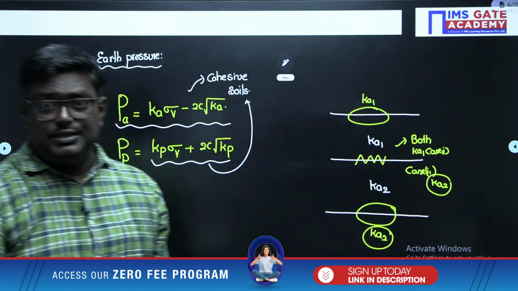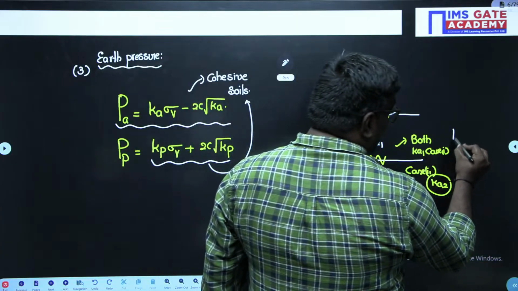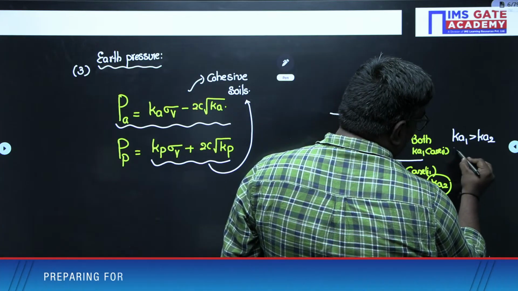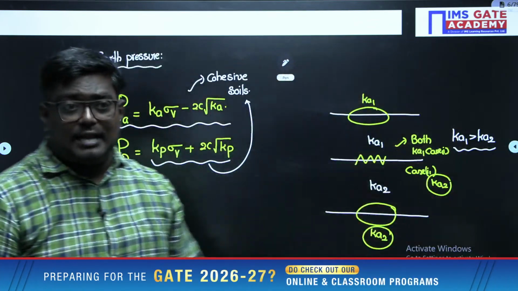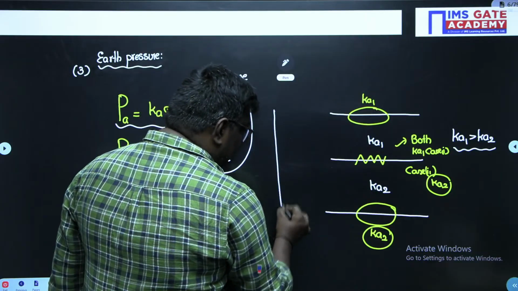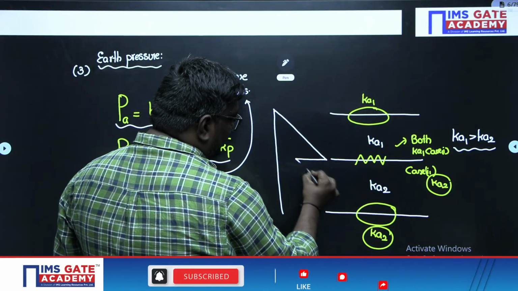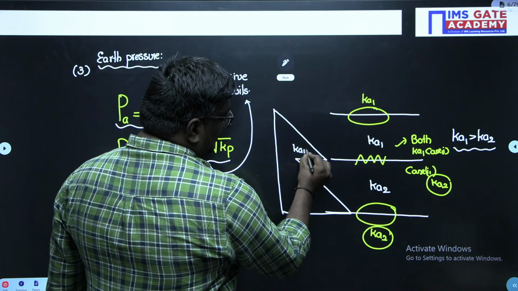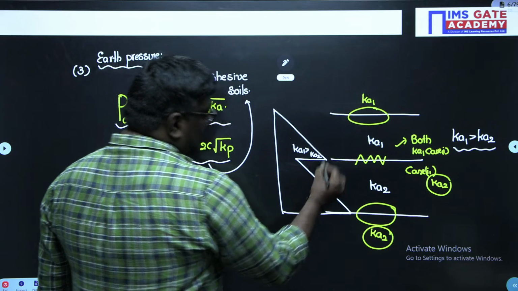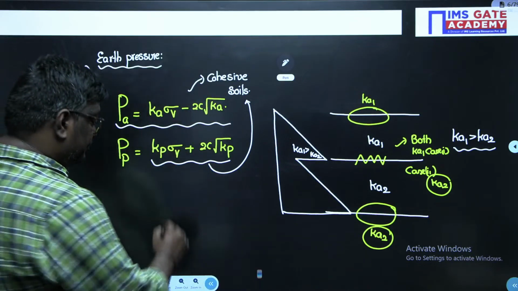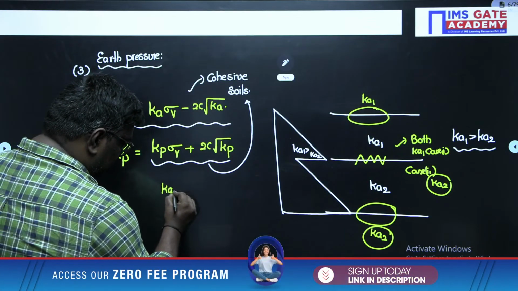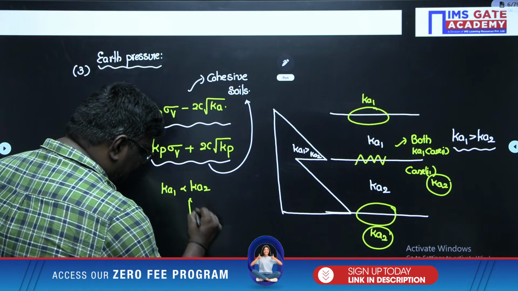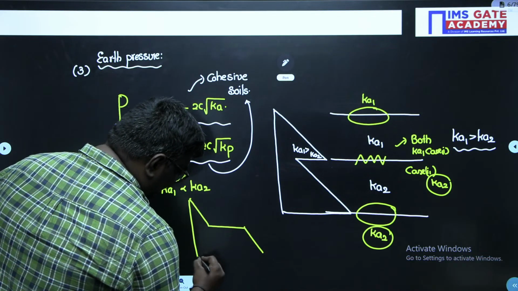Suppose Ka1 is greater than Ka2, in this case, the diagram will come in this way. If Ka1 is less than Ka2, then the diagram will come in this way.